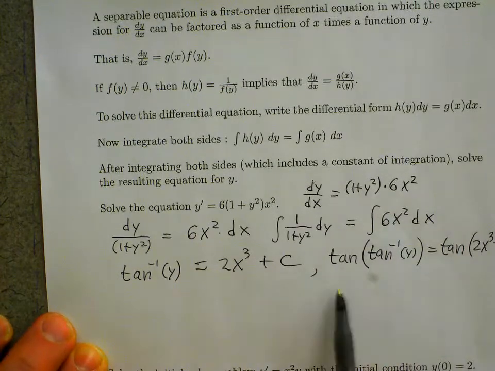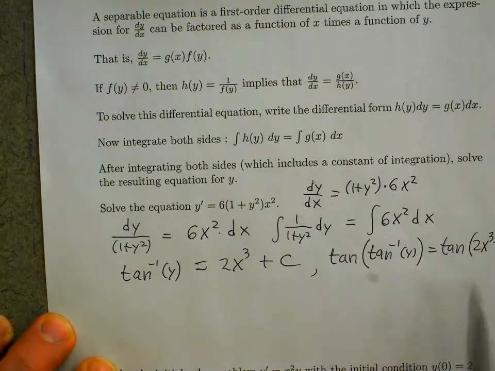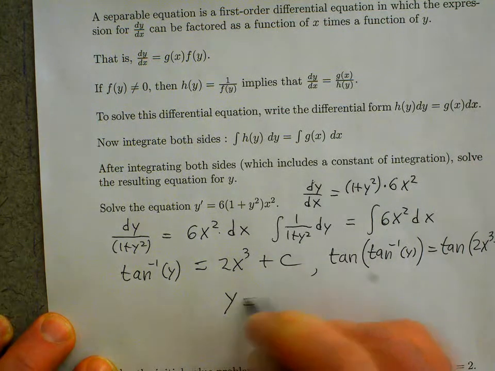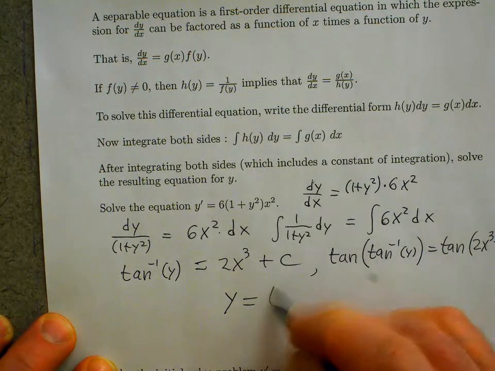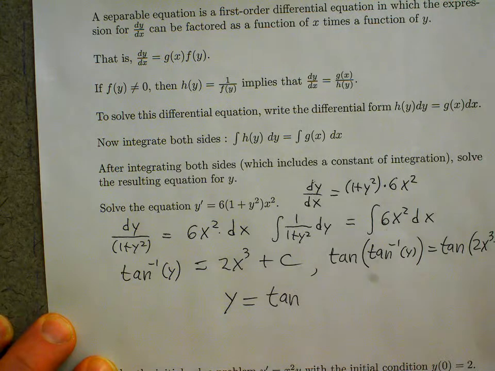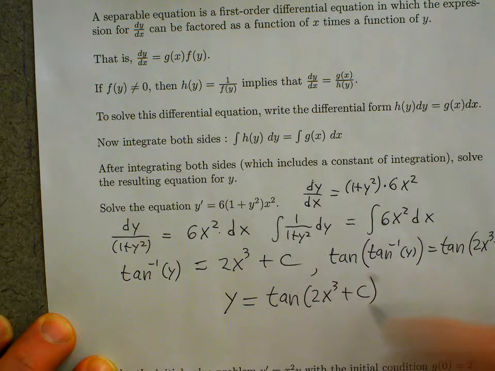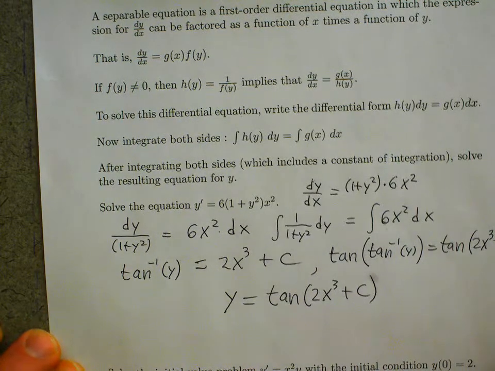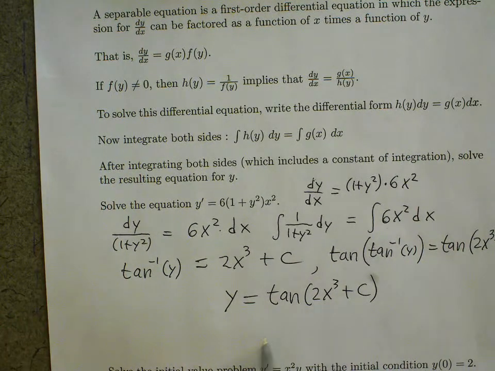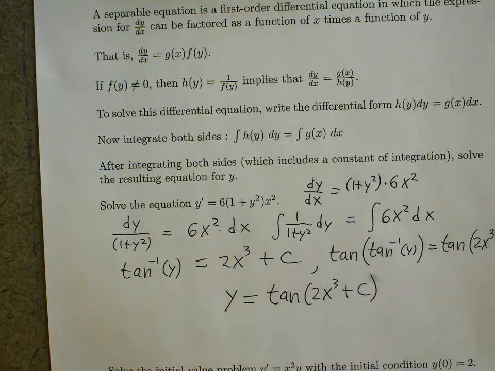Then the tangent of the inverse tangent of y is just y, and the right-hand side is in the form that we want, tangent of 2x to the third plus c. This is not an initial value problem, so this is the answer, where c is the integration constant.